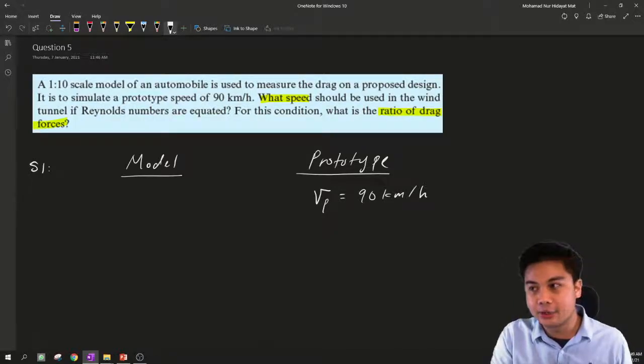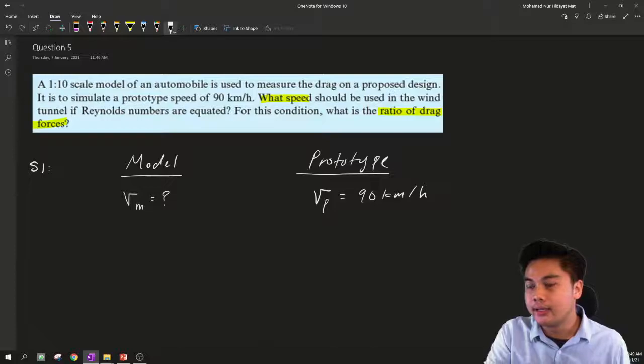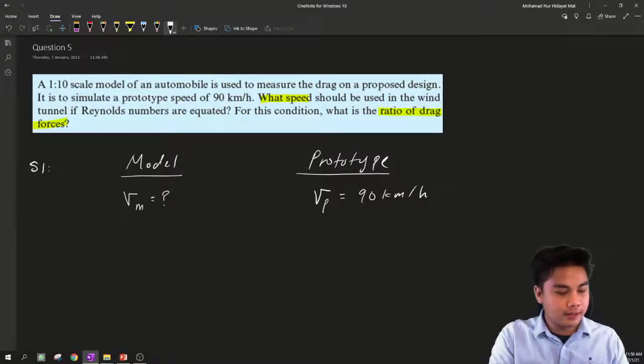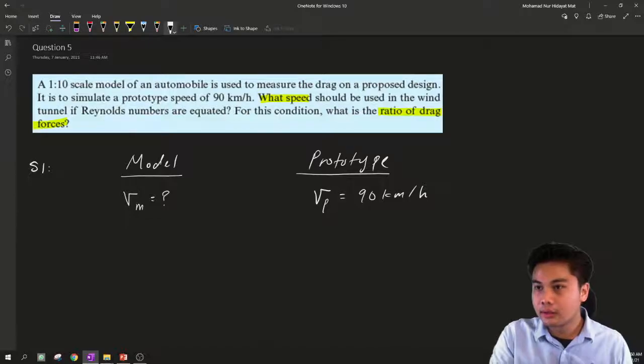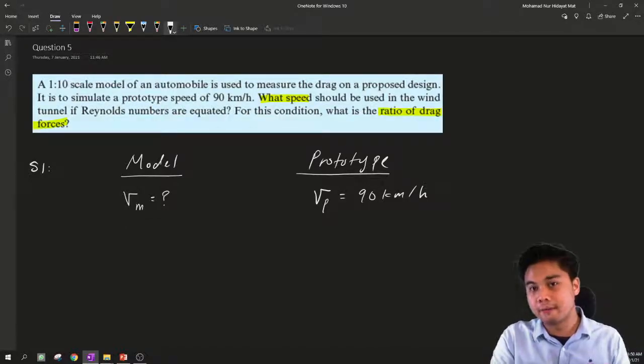This is not an SI unit, so we need to convert to SI unit. The question asks for Vm to be used. And for this condition, what's the ratio of drag force? They are going to find the ratio of drag force between the model and the prototype.